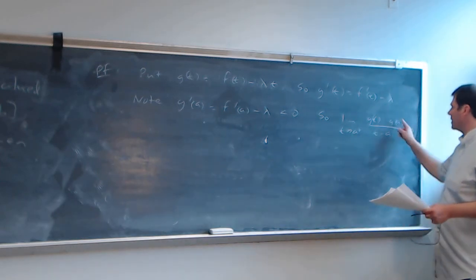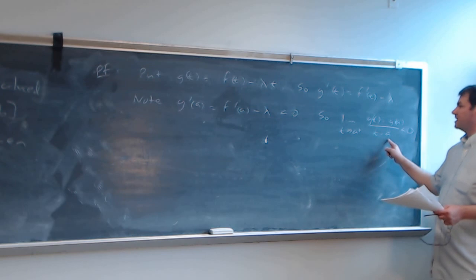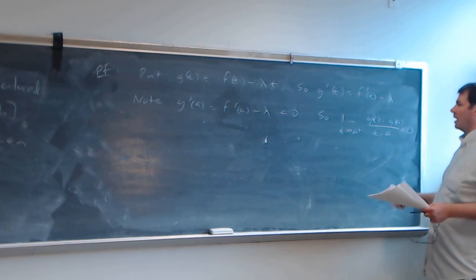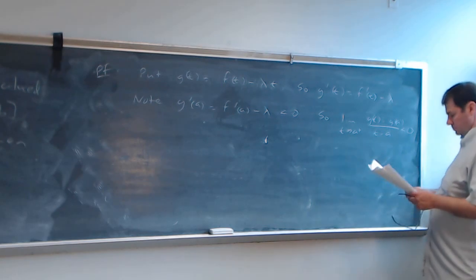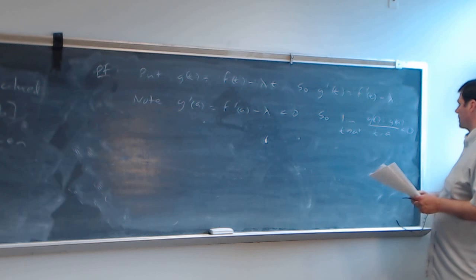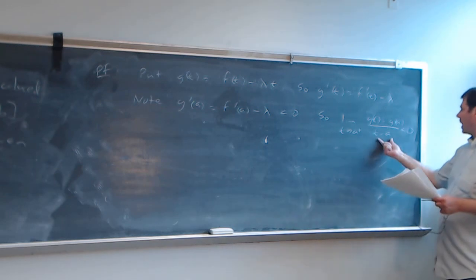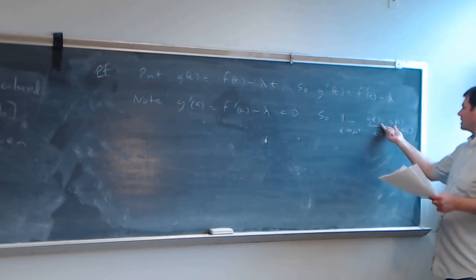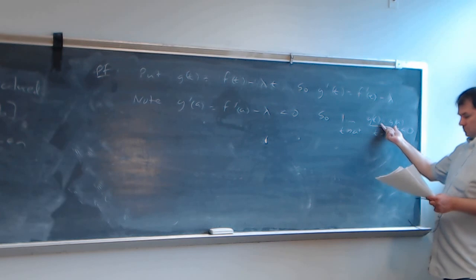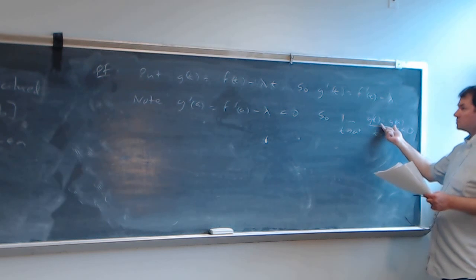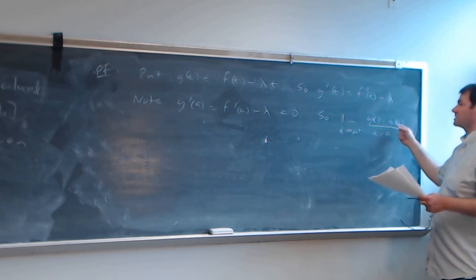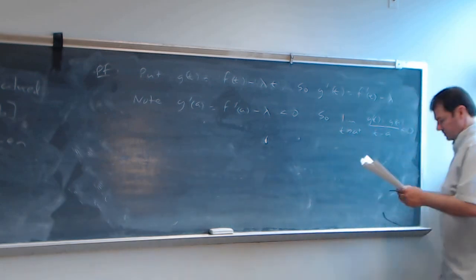So this part right here is the derivative of g at A. And the denominator t minus A is positive, so the numerator has to be negative since the whole thing is negative.